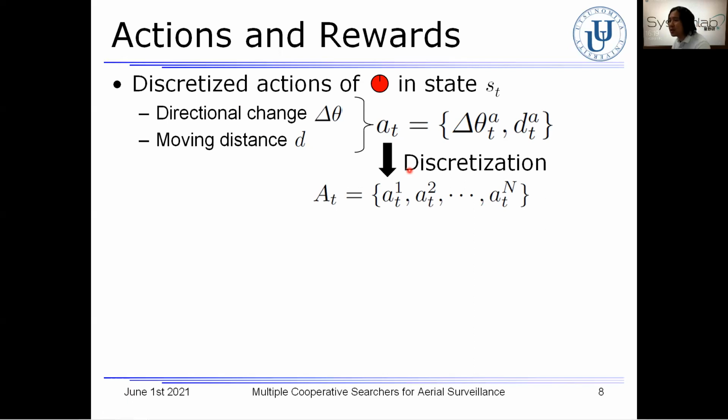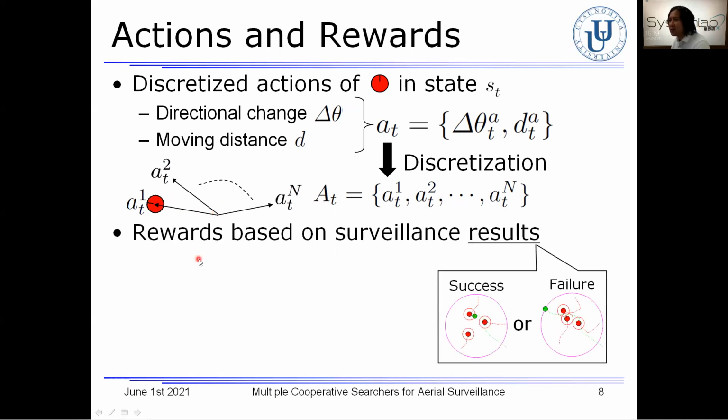In doing so, a set of actions is represented as you can see here. A searcher selects an action from a set of the discretized actions. For instance, the searcher that selected action A1 rotates theta A1 and moves a distance of D1.